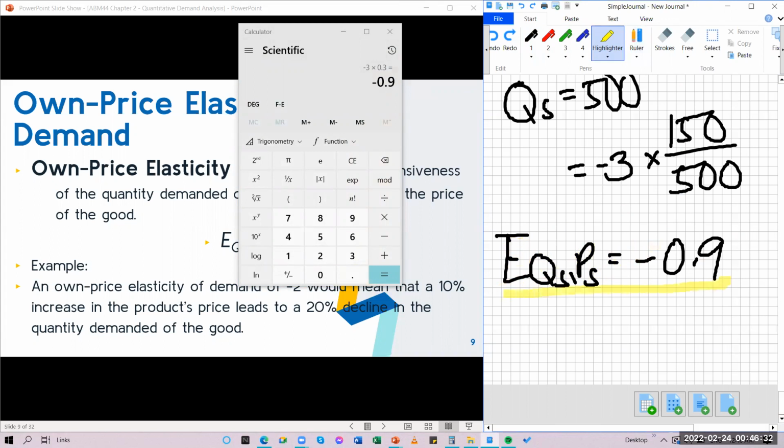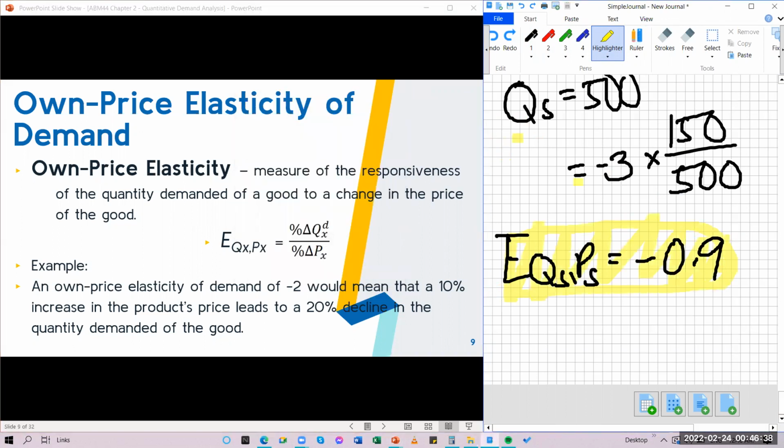So imagine this one. We will be interpreting this own price elasticity of demand. As you can see, it is negative.